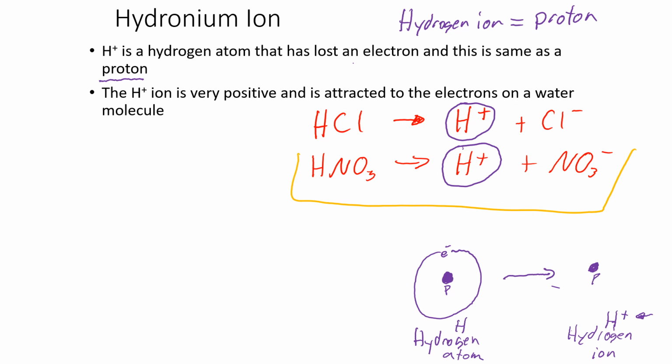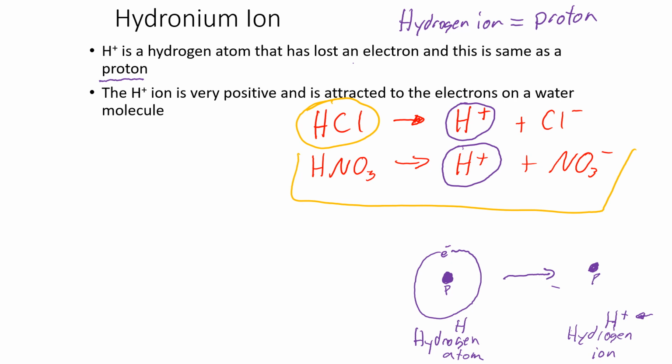If you take a very concentrated hydrochloric acid, HCl, and throw it into water with a thermometer in there, you would notice the thermometer would immediately start going up because the water is actually reacting with the hydrochloric acid.